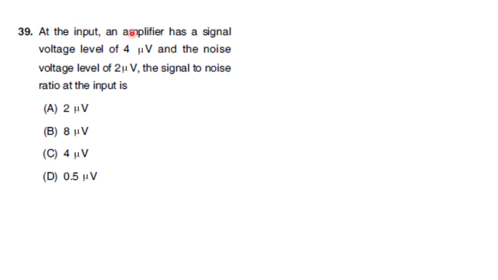At the input, an amplifier has a signal voltage level of 4 microvolt and noise voltage level of 2 microvolt. The signal to noise ratio at the input is. So signal to noise ratio is given by the ratio of the square of signal voltage to the square of noise voltage, that is 4 squared, 16, divided by 2 squared, 4, it is 4 microvolt.